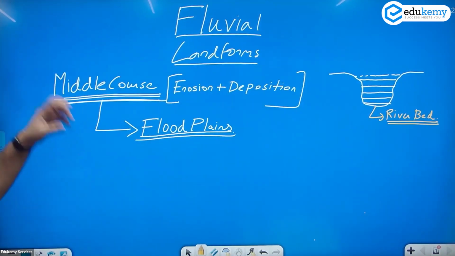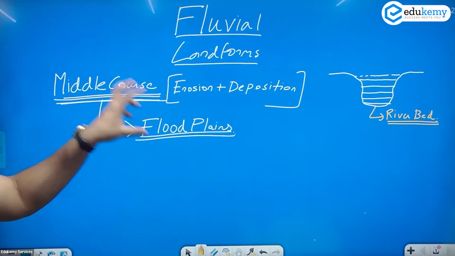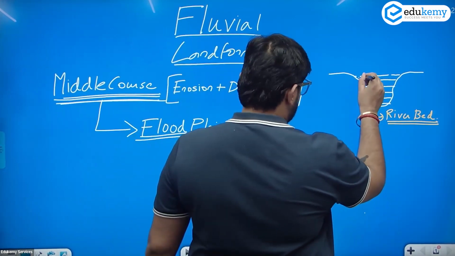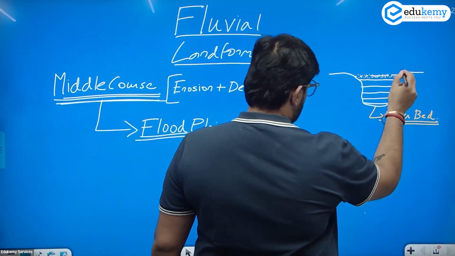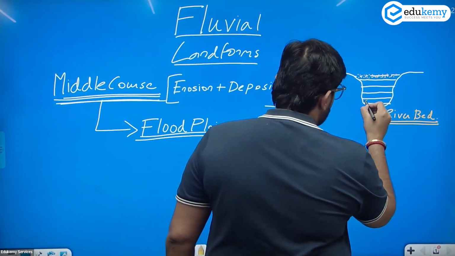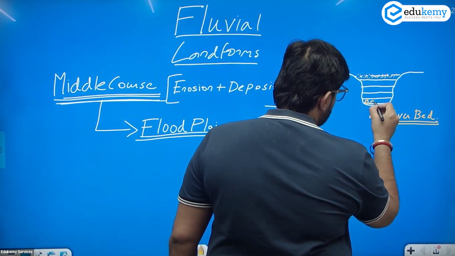Now, when we talk about the sediments that are carried by the river, guys, the river carries two types of sediments. The smaller sediments that are floating on the river and the larger sediments that are present at the riverbed.